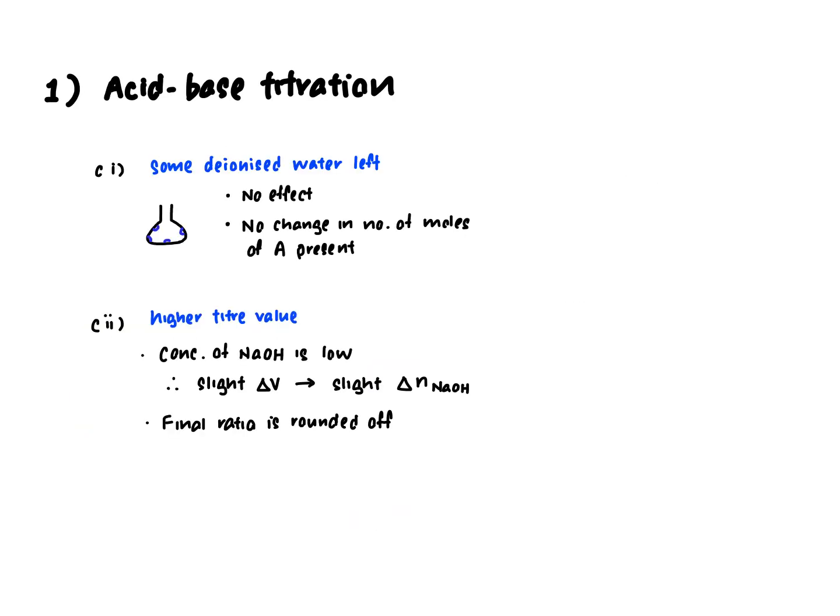Part C, parts 1 and 2, are to test you on the understanding of titration. So C part 1 talks about rinsing of the conical flask and having some water remaining in there. Is it going to affect the titer value?